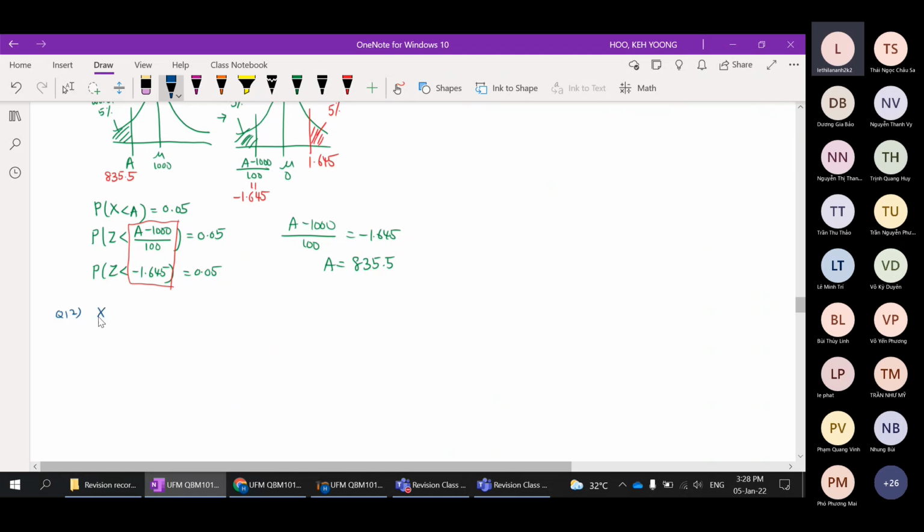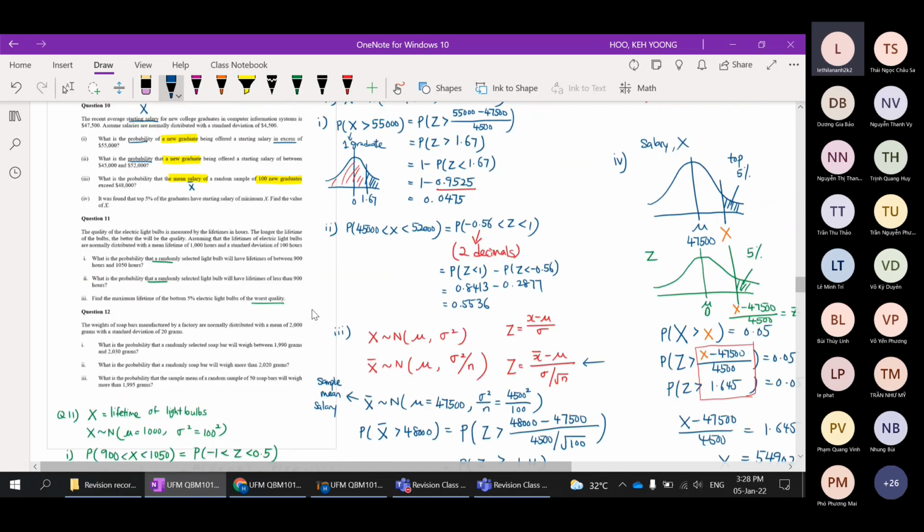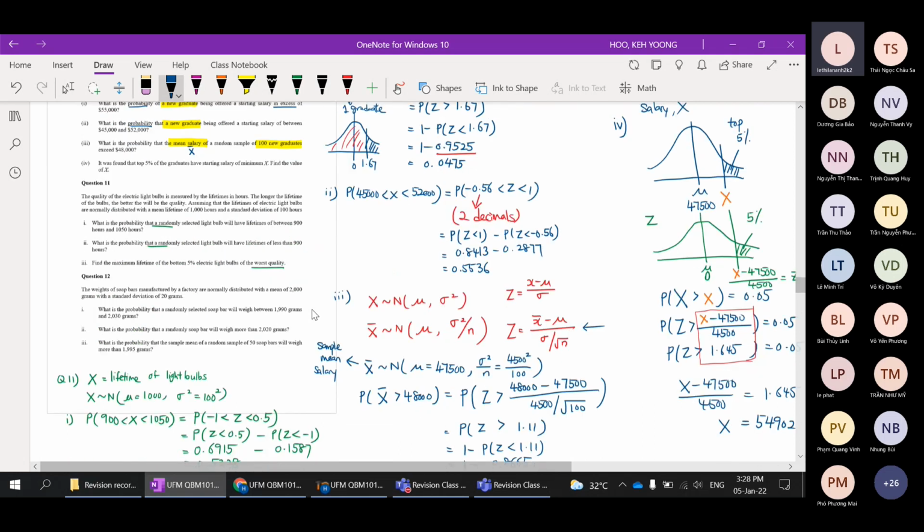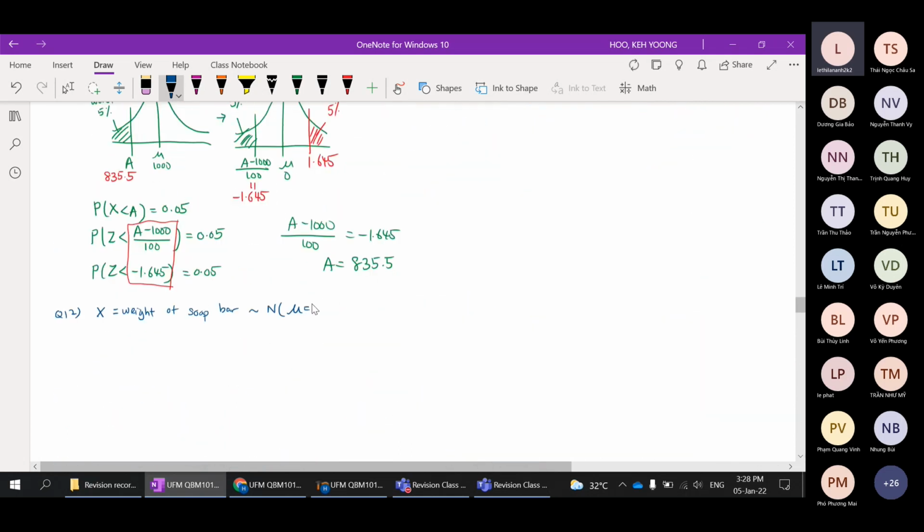X is the weight of the soap bar. It follows a normal distribution with mean equal to 2000 and standard deviation 20.